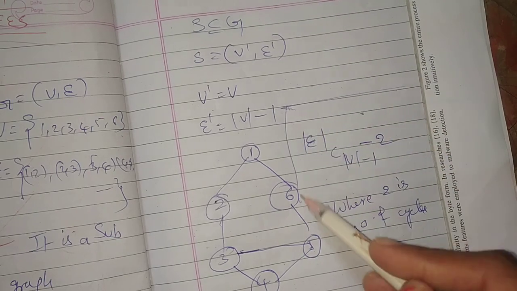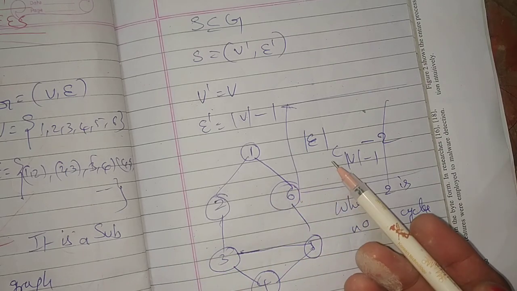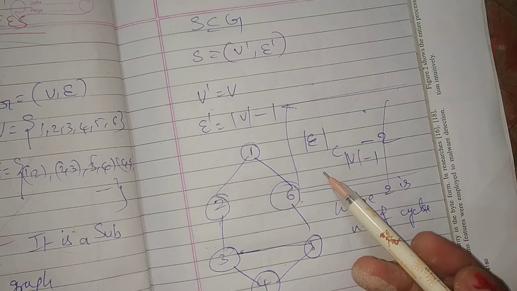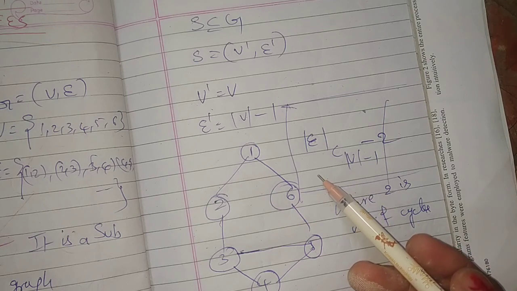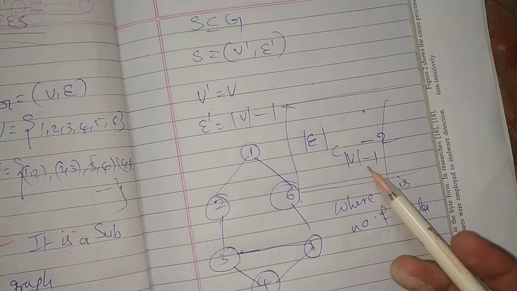This is the formula for the number of spanning trees. Different subgraphs will be generated, and for that, this is the formula for how many different subgraphs will be generated for a graph.